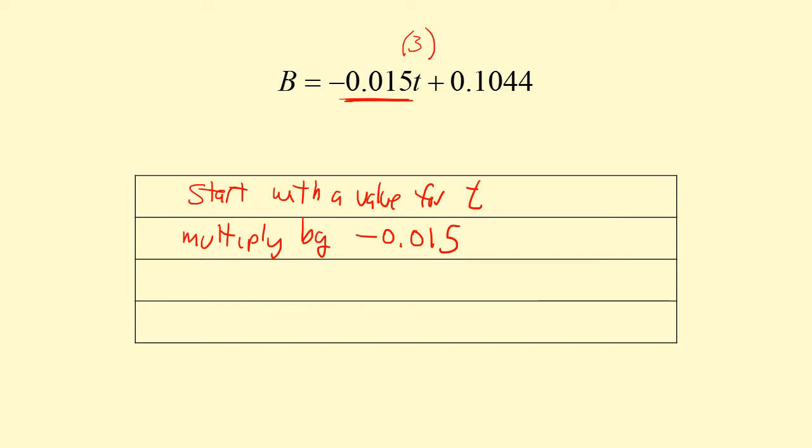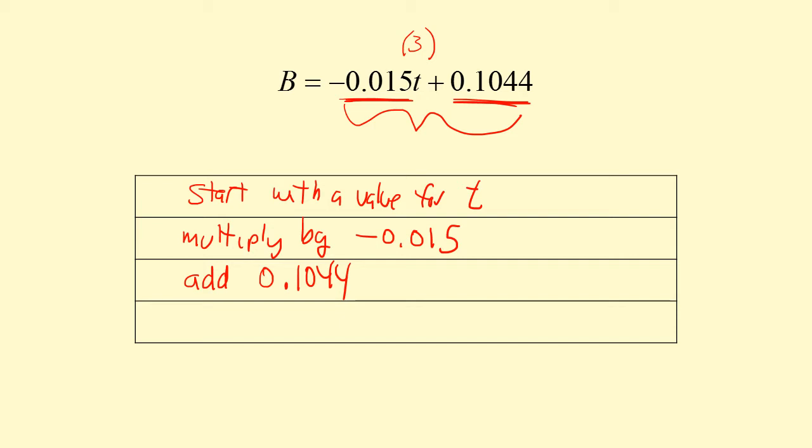And the next thing you do, the only thing left to do, is to add this over here. So you would add 0.1044. So then your whole entire right side here would be one nice clean number.